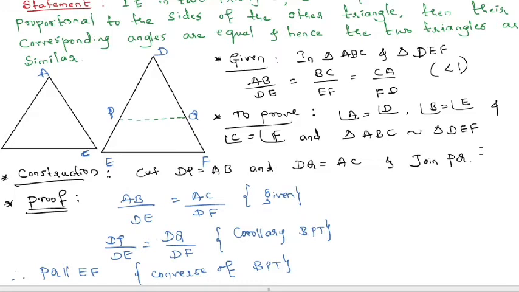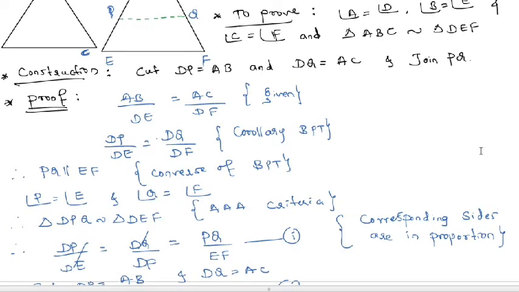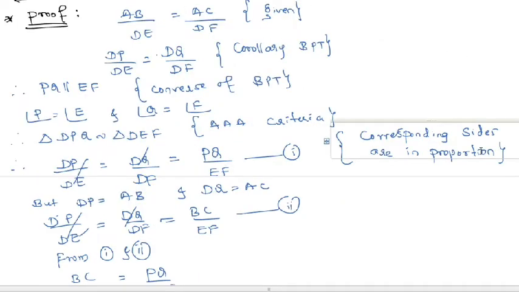Corollary means sub theorem. So, if they are equal, then PQ is parallel to EF, according to the converse of the basic proportionality theorem. Now, if they are parallel, then their corresponding angles are equal. So angle P is equal to angle E and angle Q is equal to angle F. Therefore, triangle DPQ is similar to triangle DEF, by AAA criteria.